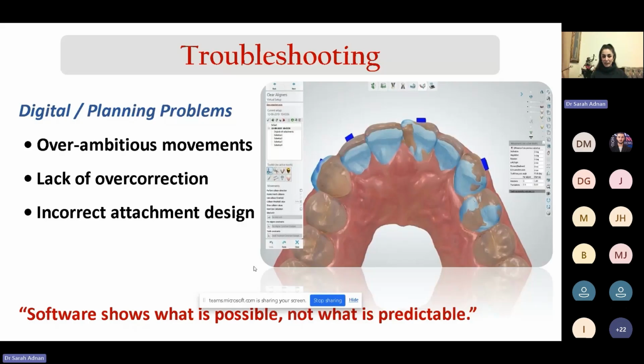Incorrect attachment design. As we said, attachment design is essential for many types of tooth movement: rotational tooth movement, intrusion, extrusion, uprighting. For rotation, we use wider attachments. For extrusion and intrusion, we use an inclined surface attachment to produce the desired vector for tooth movement.